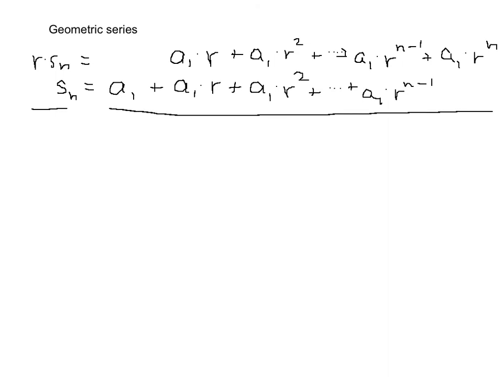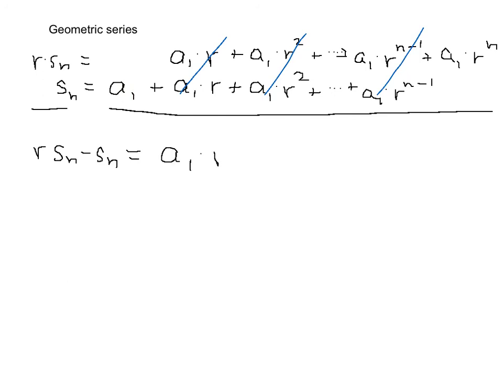Now, what do you think I'm going to do with both sides? Yep, did I hear you say subtract? Very good. So when I subtract on the left, I get r times s sub n minus s sub n. When I subtract on the top, these are going to cancel, these are going to cancel, these are going to cancel, and the only thing that's going to be left will be this minus that.